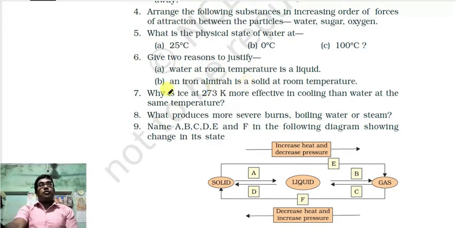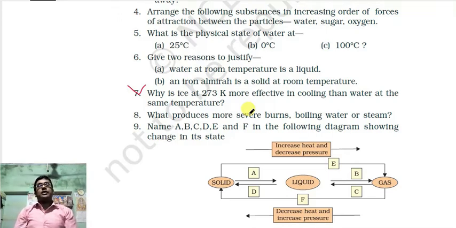Next question: why is ice at 273 Kelvin more effective in cooling than water at the same temperature? This is very important because 273 Kelvin means 0 degree centigrade. For the conversion of ice at 0 degree centigrade to water at 0 degree centigrade, we need latent heat.